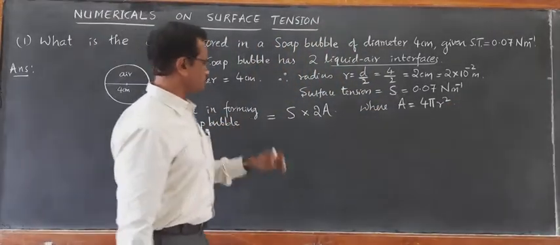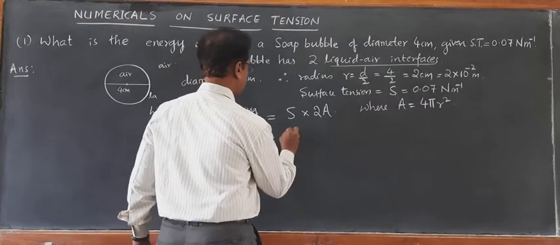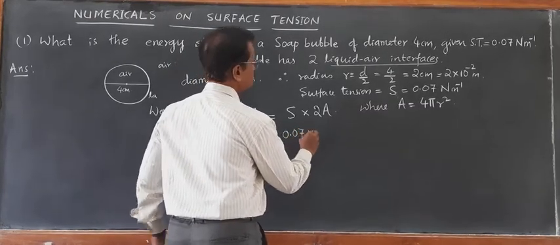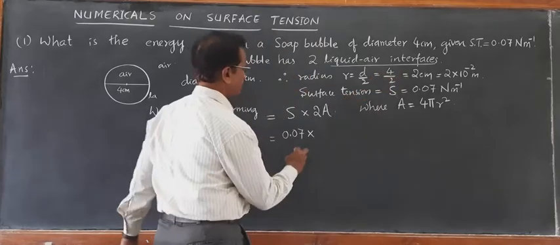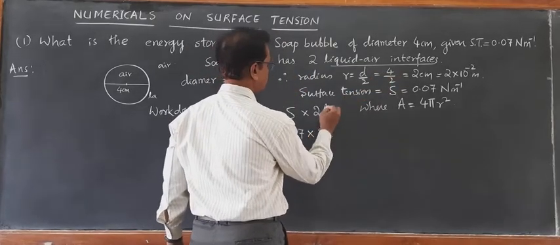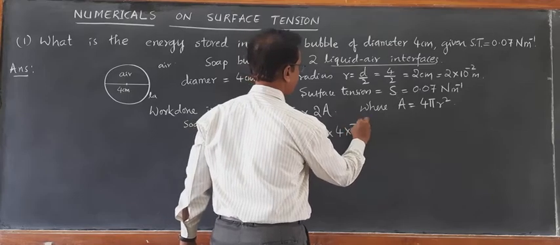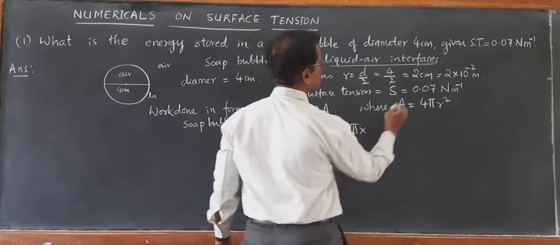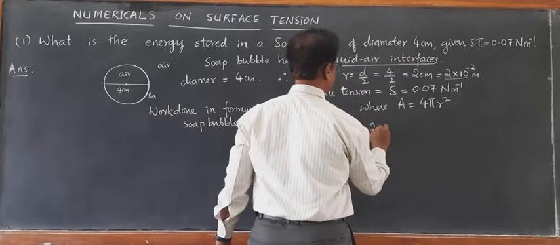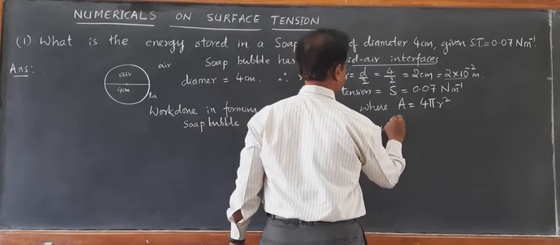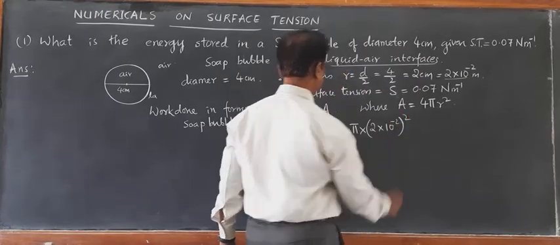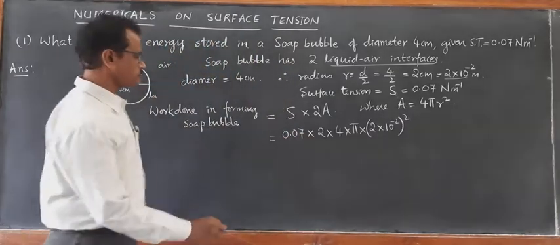So now we can substitute. Therefore, 0.07, that is given here, into 2 times area 4 pi into r square. r is 2 into 10 to the power of minus 2, squared. Now you calculate.